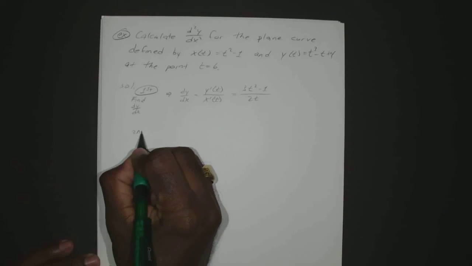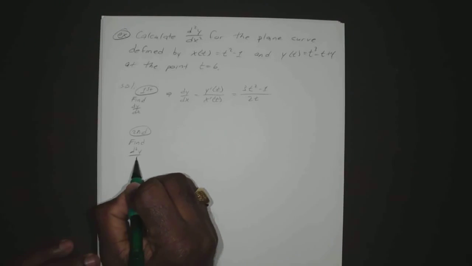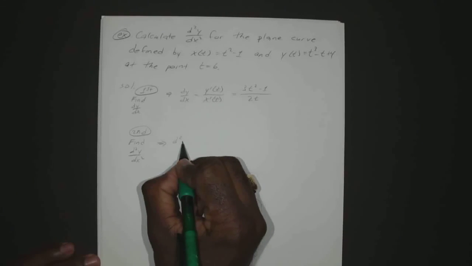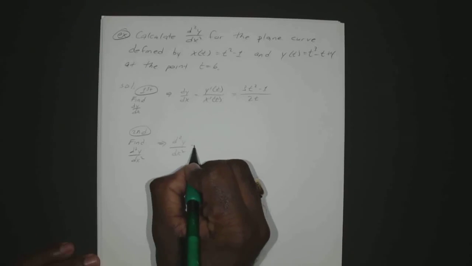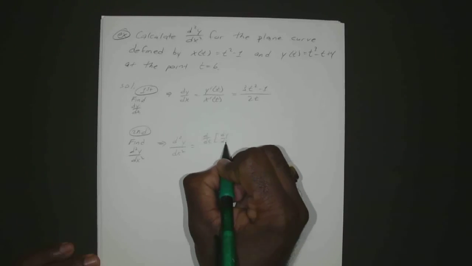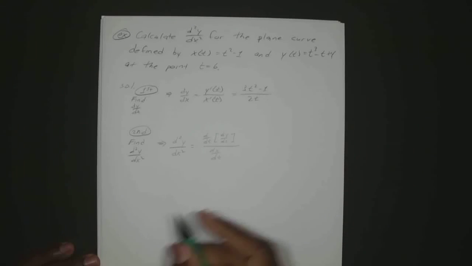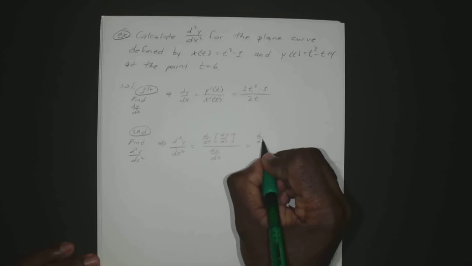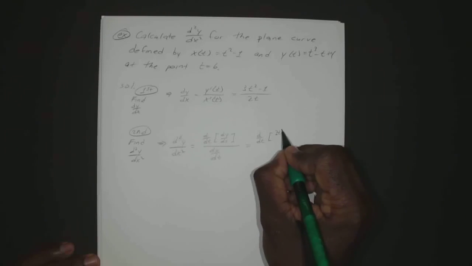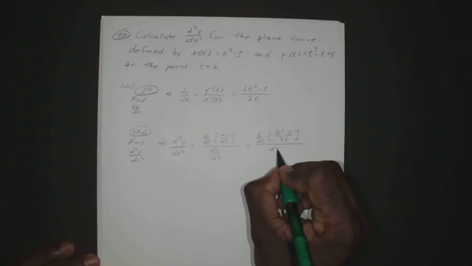Okay, now next we just have to find our second derivative. Okay, so we know that our second derivative formula for parametric is derivative with respect to t of your dy dx over dx dt. Okay, which means we're going to have the derivative of your dy dx, which is 3t squared minus 1 over 2t, divided by dx dt.